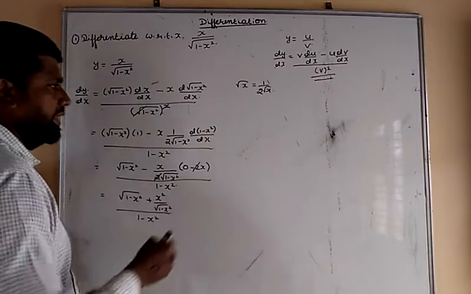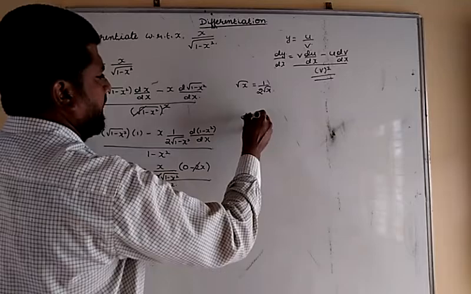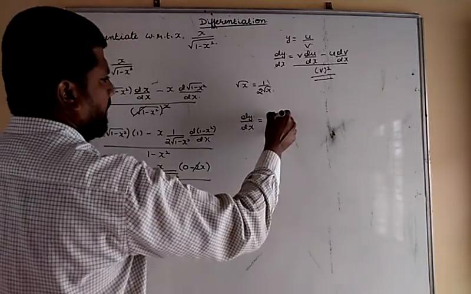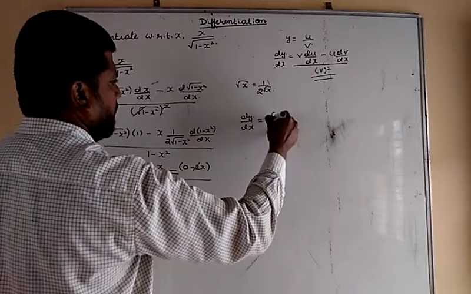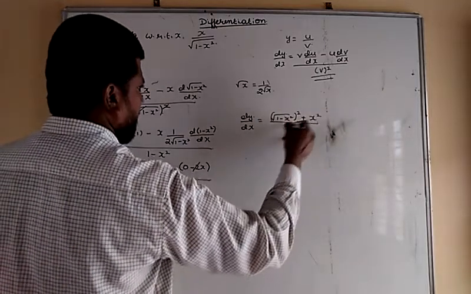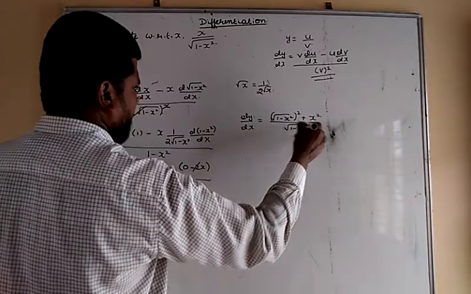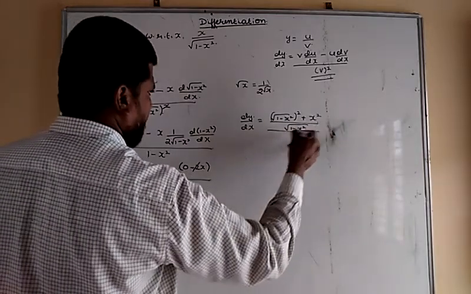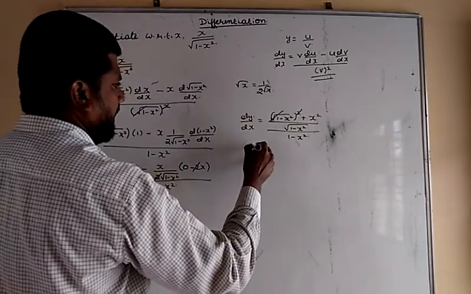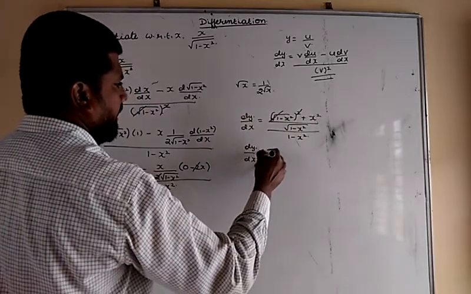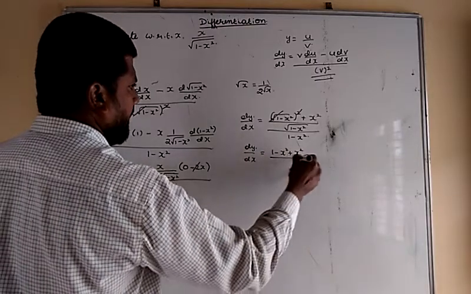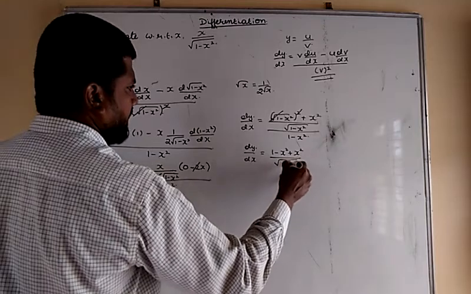Okay, if you take LCM here, dy by dx is equal to, root of 1 minus x square whole square plus x square by root of 1 minus x square, whole divided by 1 minus x square. So square root gets cancelled. dy by dx is equal to 1 minus x square plus x square by root of 1 minus x square.